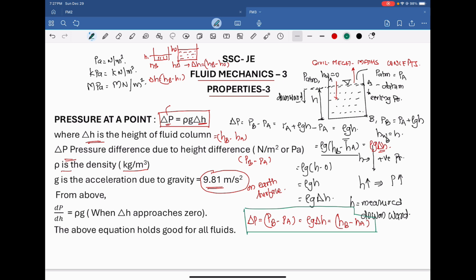Up to this. For example, a beaker is there. Please try to understand. And this is the H. I start removing the water. I start removing the fluid. What happens?